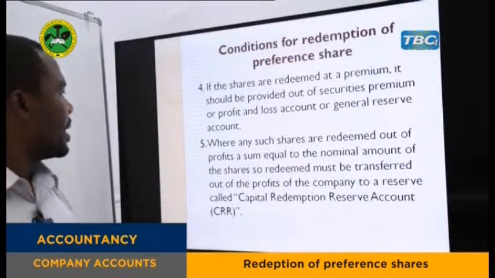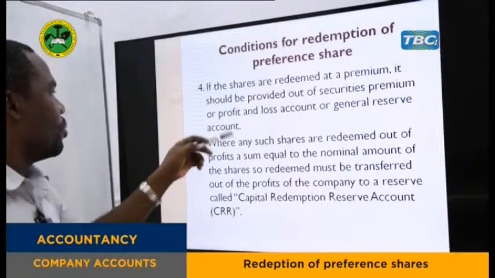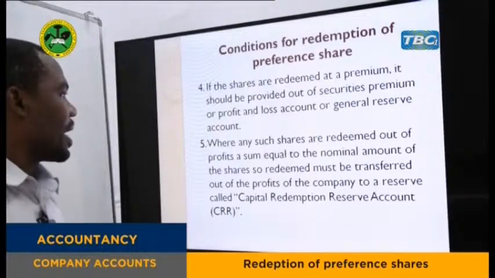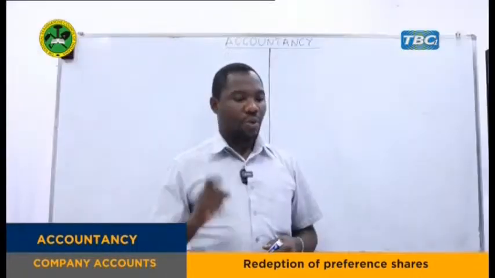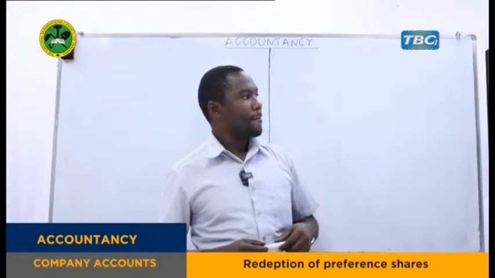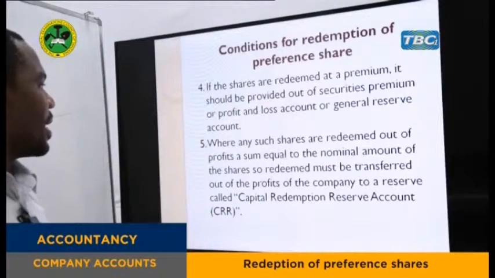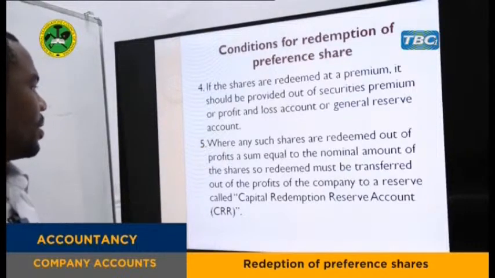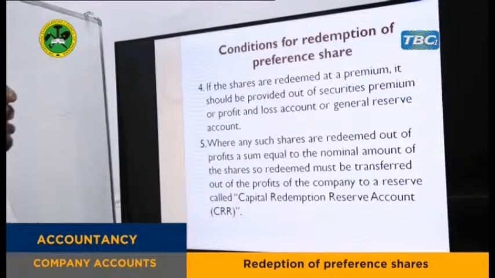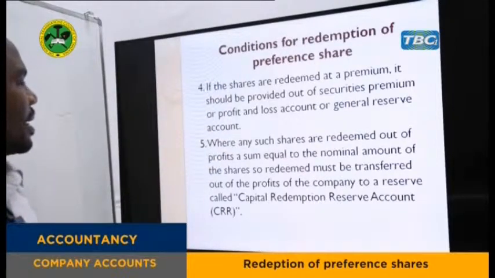The fourth condition is that if these shares are redeemed at a premium, it should be provided out of securities premium or profit and loss account or general reserve. So whenever these preference shares are redeemed at a premium, this premium must come either from the internal sources, that is profit and loss or general reserve, or from securities premium if these shares were previously issued at a premium.